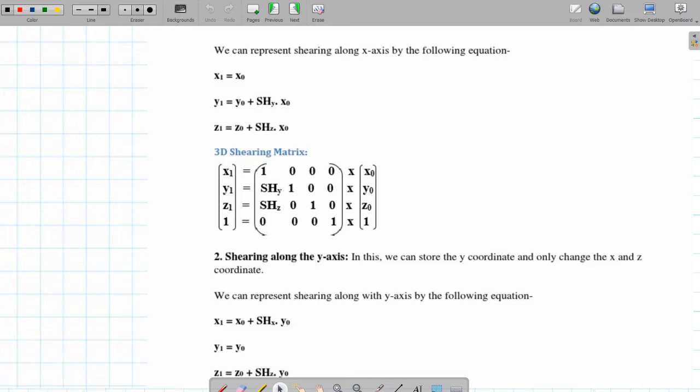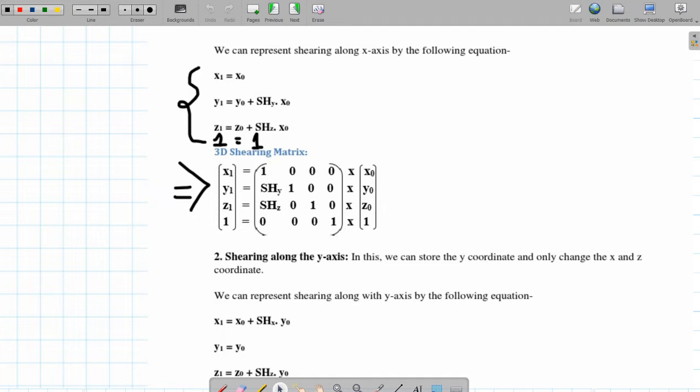Now if you want to convert this into a single equation involving homogeneous coordinate, you have to append homogeneous 1 equals 1, and your entire set of equations will be like this once you convert this into matrix form.